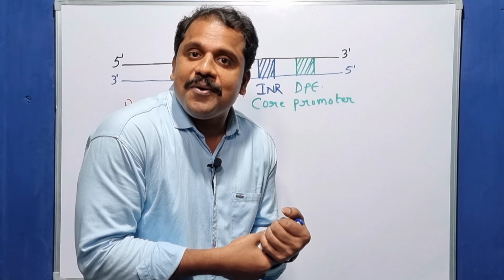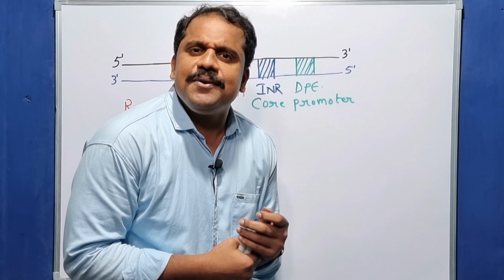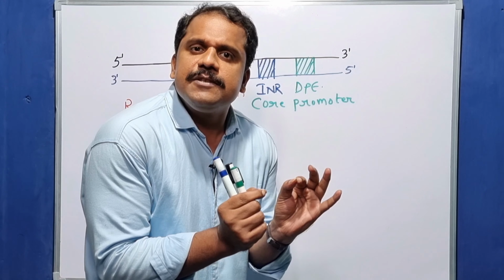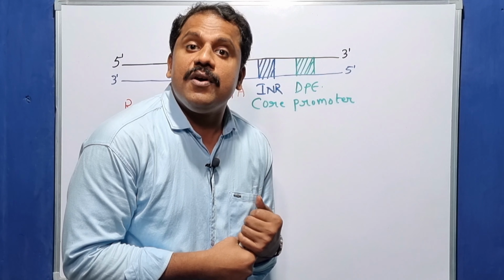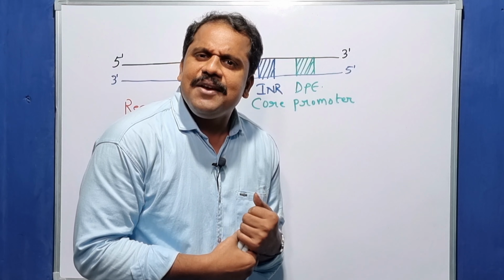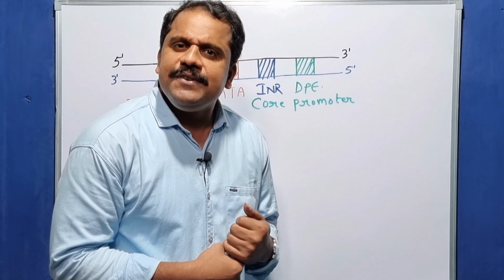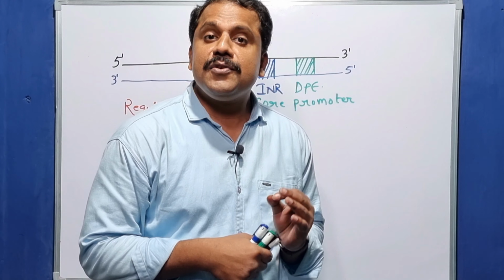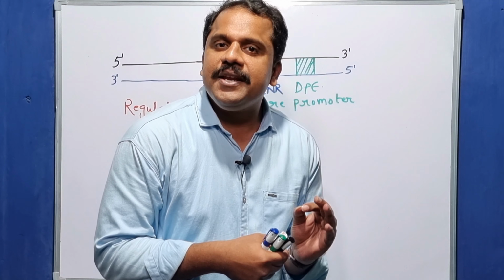In addition to the core promoter, very adjacent to the core promoter, the eukaryotic promoter consists of a specific component, and it is nothing but what? Regulatory element. So likewise the core promoter, the regulatory element consists of different elements. So what are the different components of the regulatory element?